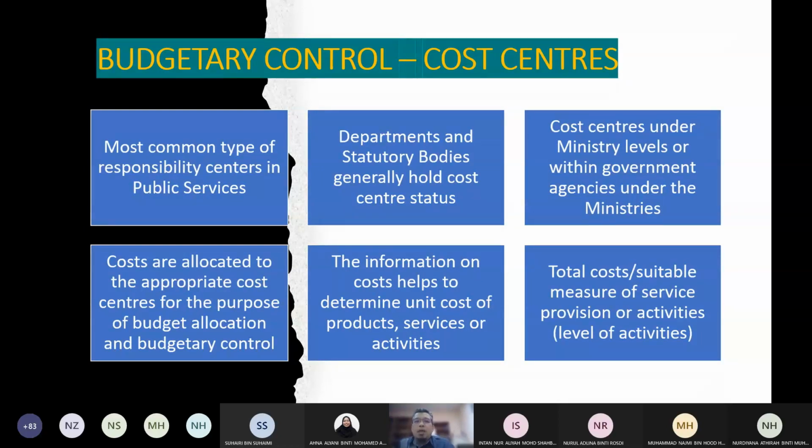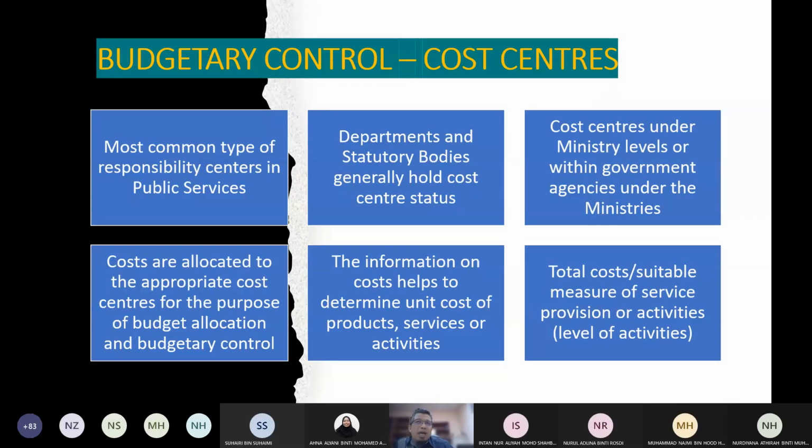Second point: departments and statutory bodies generally hold cost center status. Ministries are cost centers, and so are departments and statutory bodies, but with a huge amount of money. In the management accounting literature, in the private sector, they definitely try to minimize the number of cost centers so they can manage their profit better.